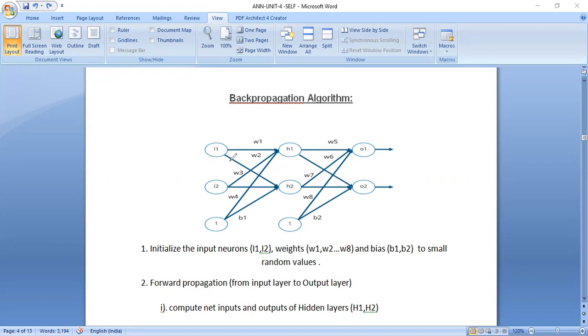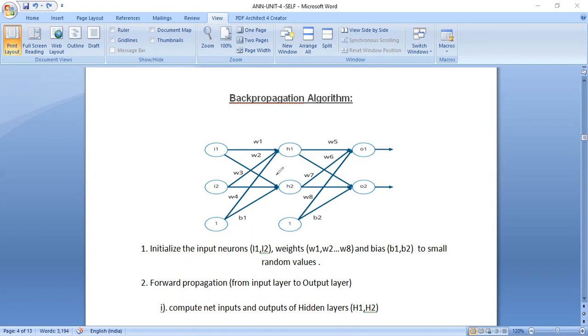In these two techniques, we are going to update the weights of a network whenever the error rate is high, right? The main motive of this backpropagation algorithm is that it looks for the minimum value of the error function.